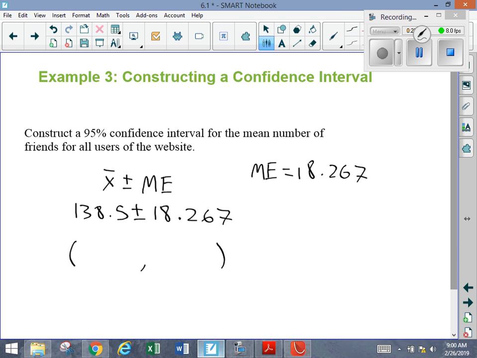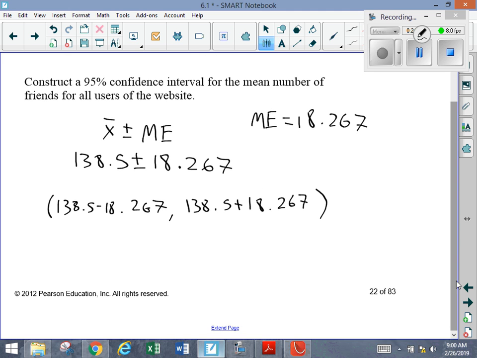The way we get the lowest value is we subtract: 138.5 minus 18.267. And our upper value is 138.5 plus 18.267. We'll go ahead and calculate that, and that's going to give us our confidence interval.